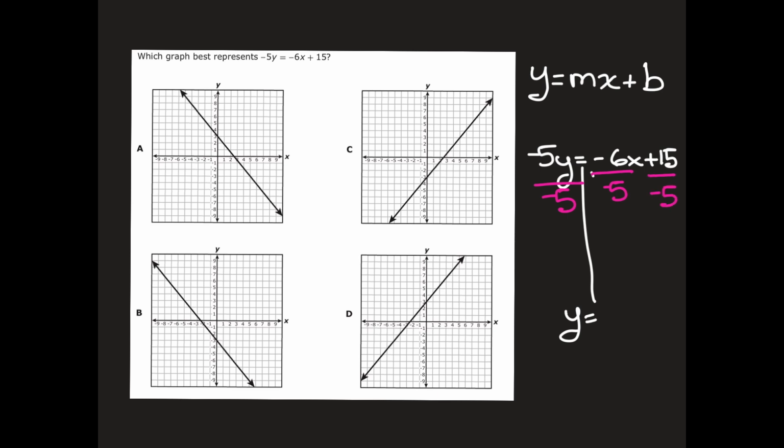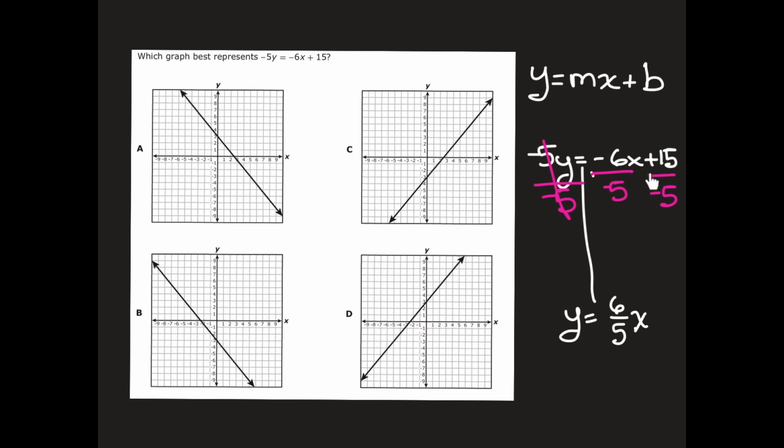We like to do it individually because then we'll notice this. The negative 5 and the negative 5 will cancel. First, the negative 6 cannot be evenly divided by the negative 5, so we'll keep it as a fraction. But we have a negative and a negative that will turn into a positive, so still 6 over 5x.